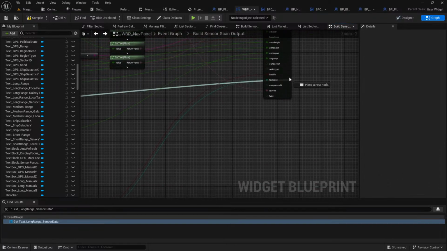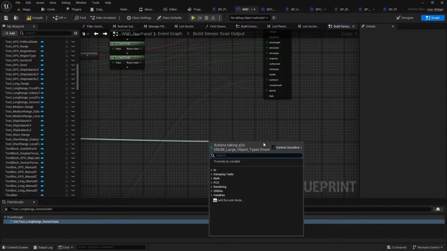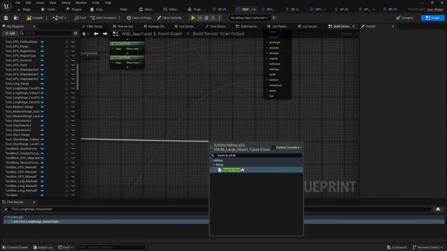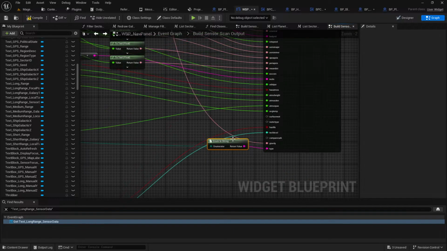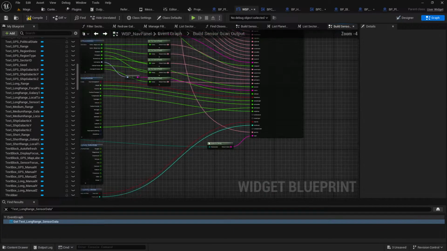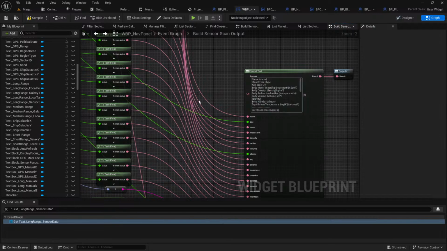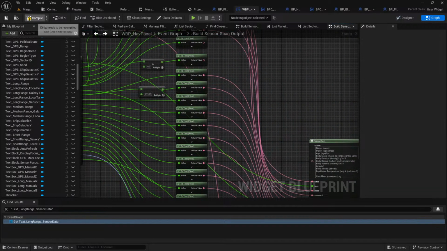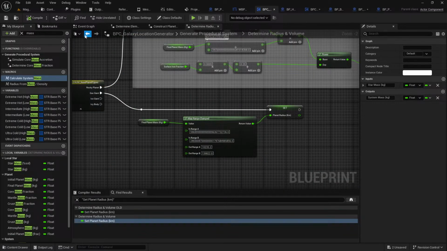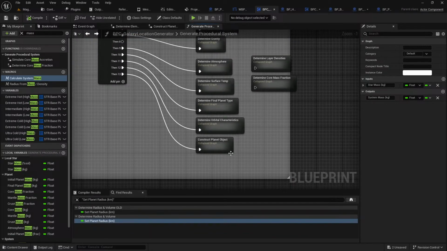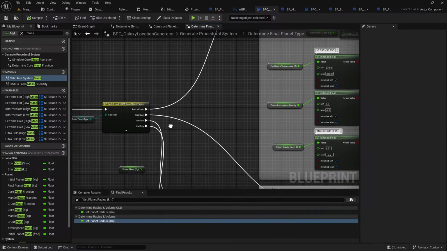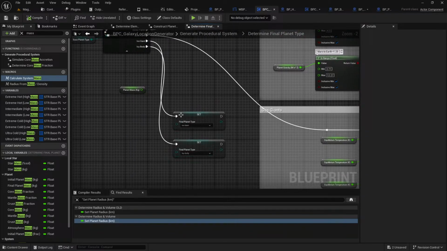Just get an idea of what the actual type is coming out once, because I'm not convinced that that's returning the correct value there, and I think what's happening is it's not picking up the correct planet type, and that's probably because when we're doing our final planet type here, obviously these two are being ignored.